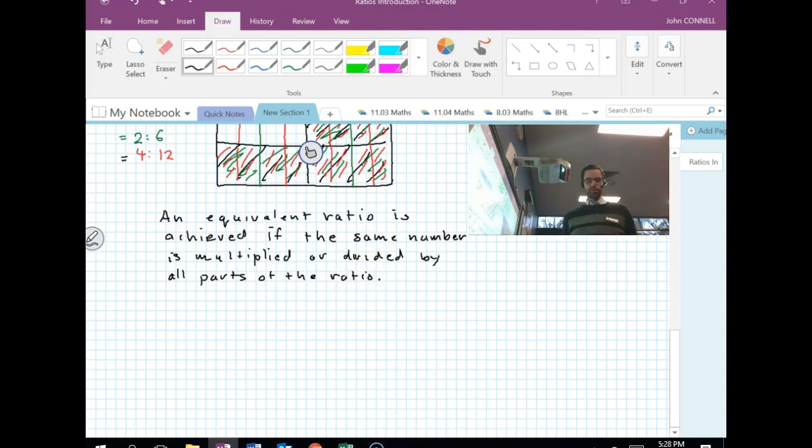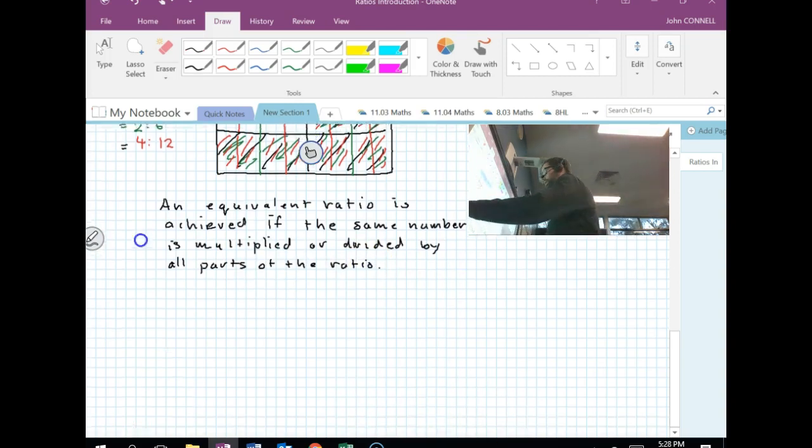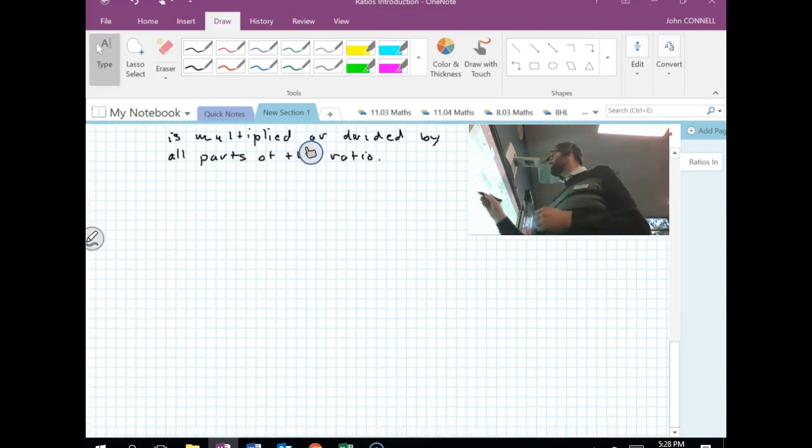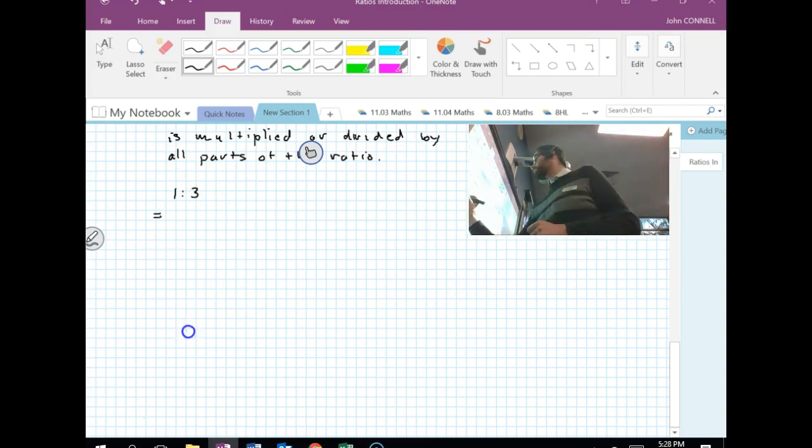So if we were to look at an example, let's say I had my ratio 1 is to 3, to take what I did before. How could we say that 2 is to 6 is an equivalent ratio? Well, I go 1 times 2 is to 3 times 2, which gives me 2 is to 6.